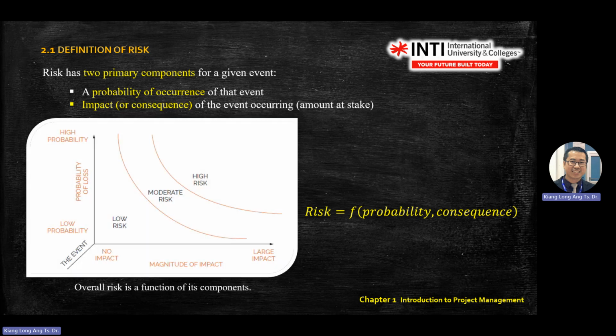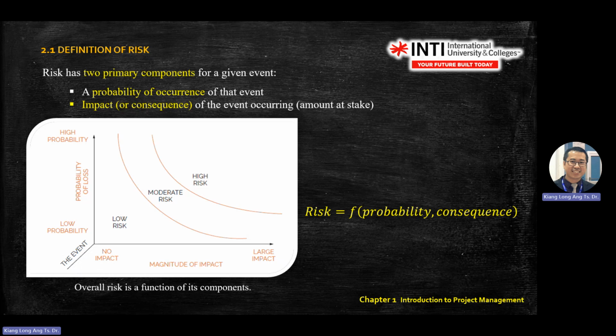So this is just a pictorial or scale diagram. You look at the y-axis, which is probability of loss, and the x-axis, which is impact. Here is no impact, this is large impact. So if you are in the far right top corner, your project is in high risk, meaning high probability of having loss and large impact to the company, so it falls under high risk.